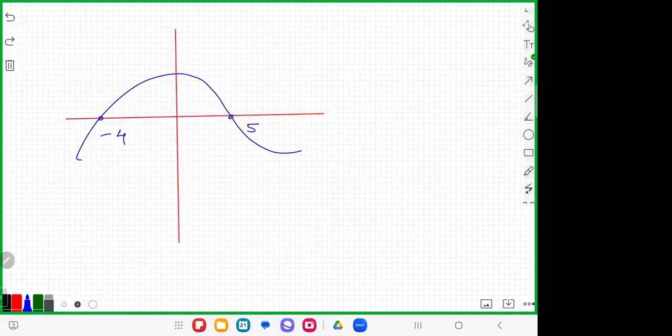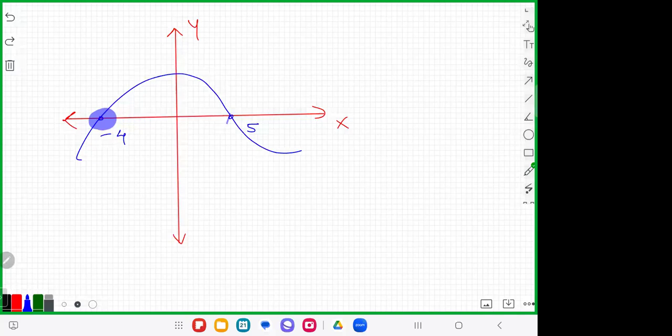Make a quadratic polynomial. Only the figure is given. So how can you make this quadratic polynomial? Look, where it cuts the x-axis. Obviously the horizontal is the x-axis and the vertical one is the y-axis. Arsha, which are the zeros? The zeros are -4 and 5.